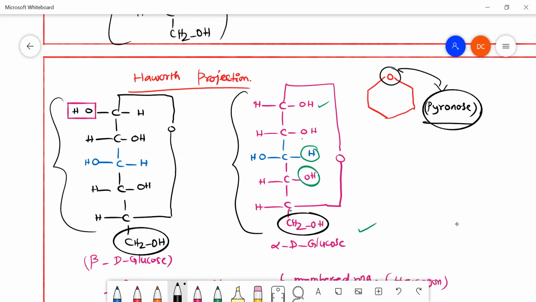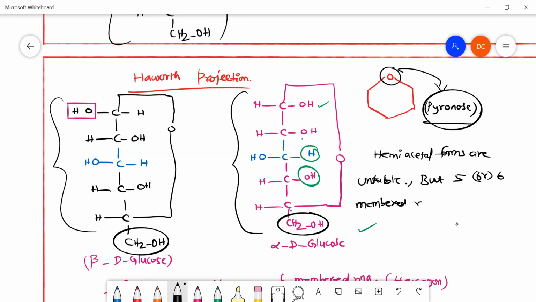Generally, hemiacetal forms are highly unstable. Then how is glucose stable, sir? Hemiacetal forms are highly unstable, but in a 5 or 6 membered ring, they are extremely stable.